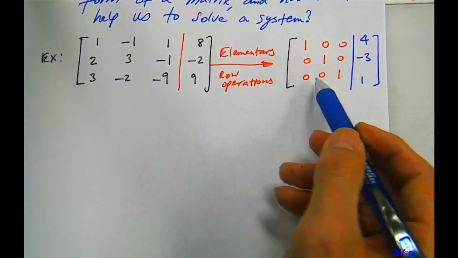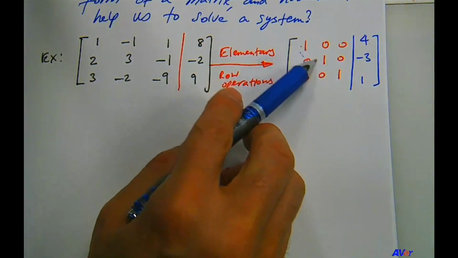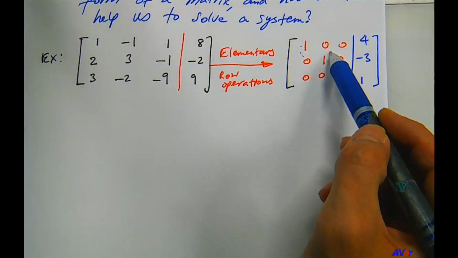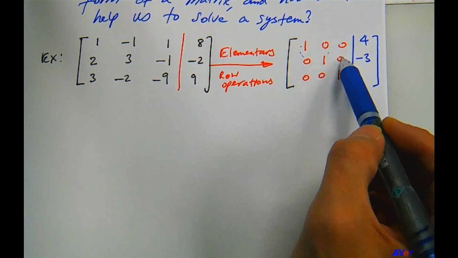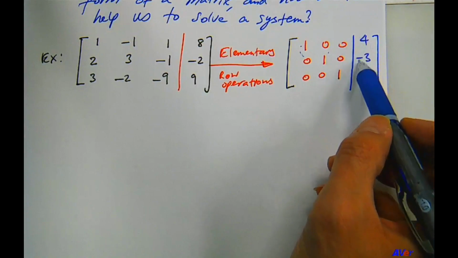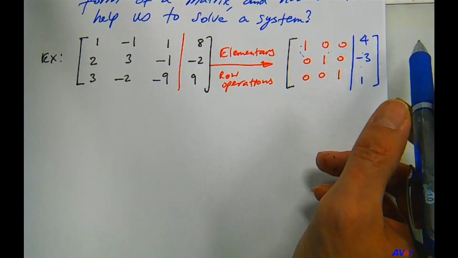So the red ink shows you the dominant characteristic of a reduced row echelon form, which is all the diagonals are 1, numbers below it are 0, numbers above it but before this vertical line are 0, and the numbers in the right hand side column can be anything.